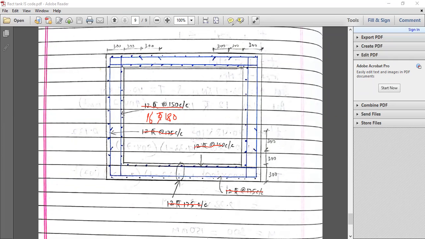Is this clear everyone? So as per the new code, what difference does it make? They have basically made it a more safe design or heavier design. Understood? पहले क्या था? 150 for different faces, near the water face, away from the water face, the stress values were different.